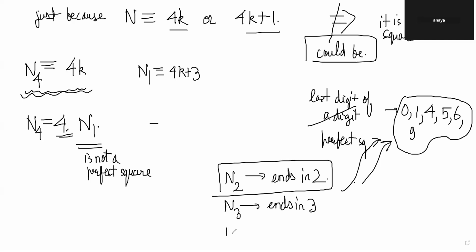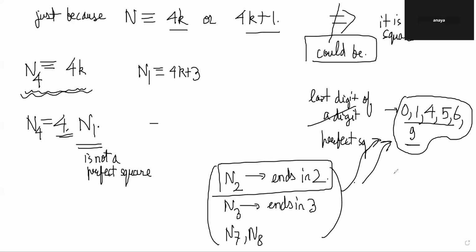Similarly, N7 and N8 also. So 4 of them cannot be perfect squares because they don't have the correct last digit. Also, it doesn't mean that if you have the correct last digit, you will be a perfect square. We have eliminated N2, N3, N7, N8. We have also eliminated N6. We don't know about N4 yet.